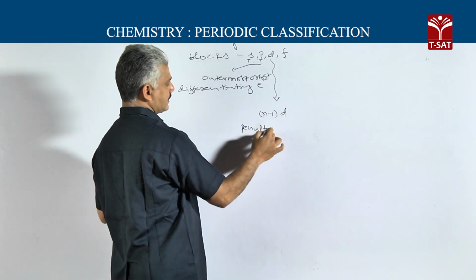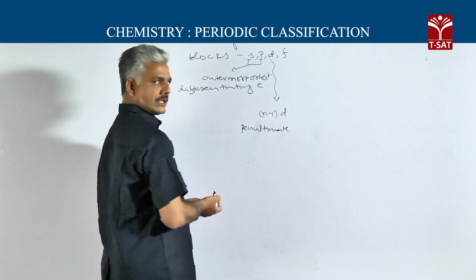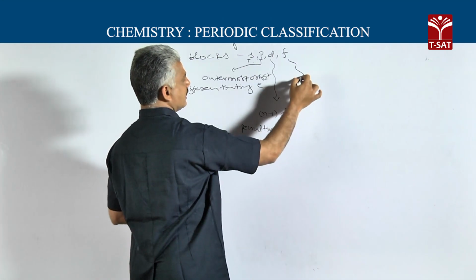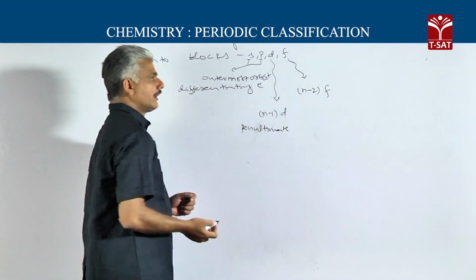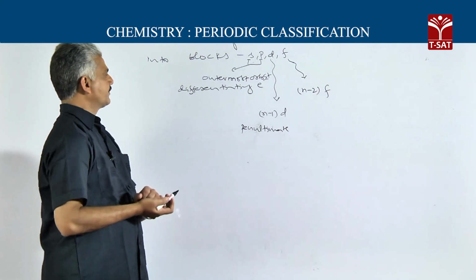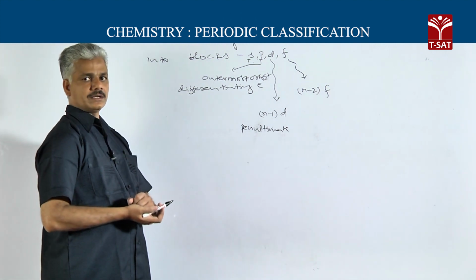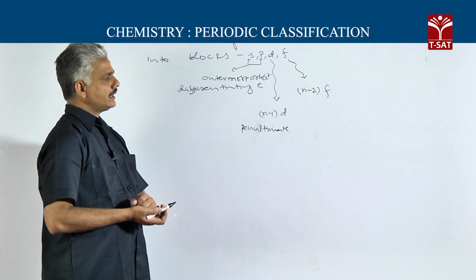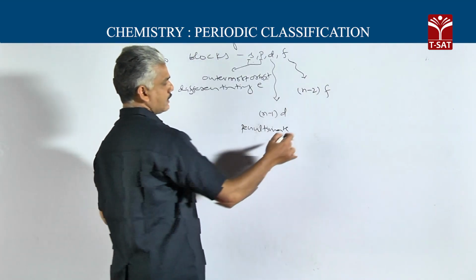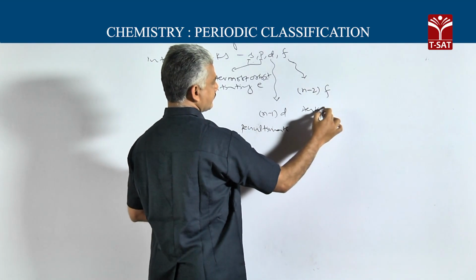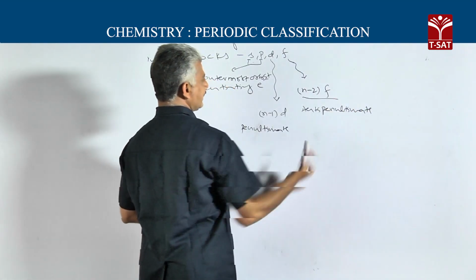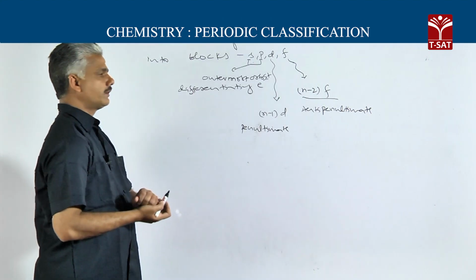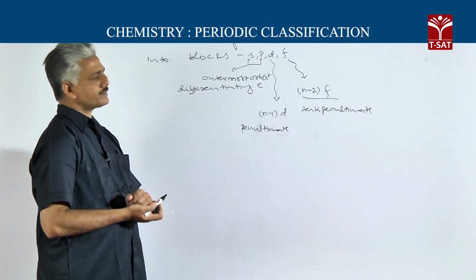The N-1 shell is called the penultimate shell. The F block elements include elements in which the differentiating electron enters the anti-penultimate F sublevel, which is represented by the general formula N-2 F.